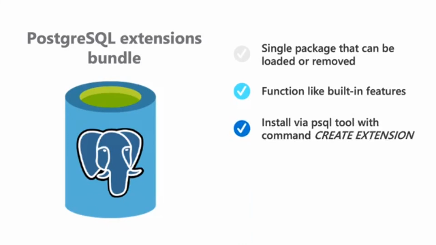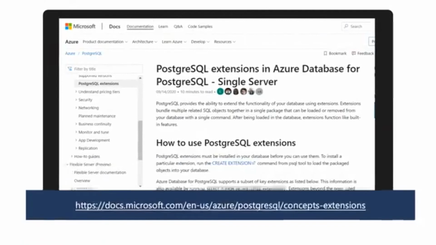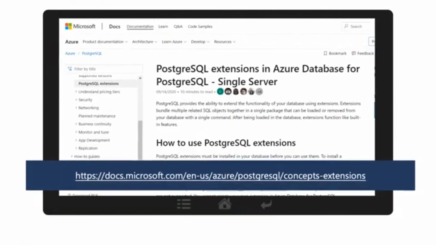To install a particular extension, run the create extension command from the psql tool to load the packaged objects into your database. Not all PostgreSQL extensions are supported in Microsoft Azure. For a full list, read PostgreSQL extensions in Azure Database for PostgreSQL single server on the Microsoft website. You can find a link to this document from the additional readings at the end of this lesson.